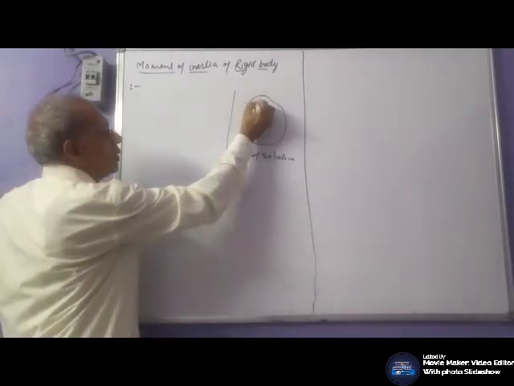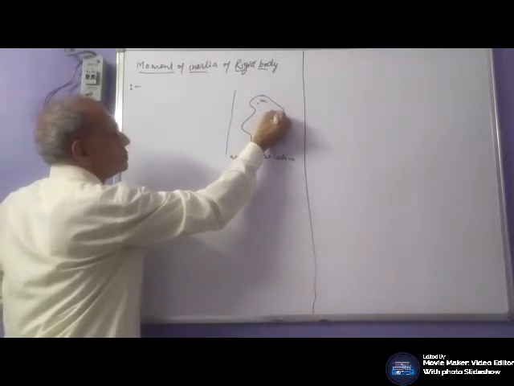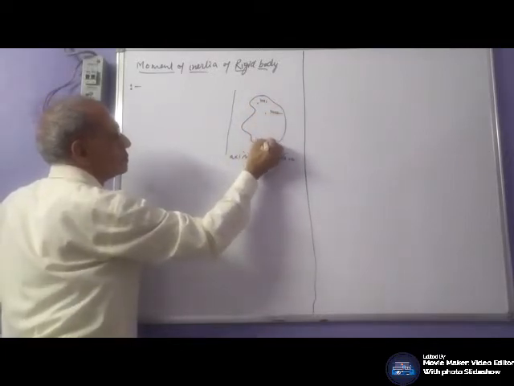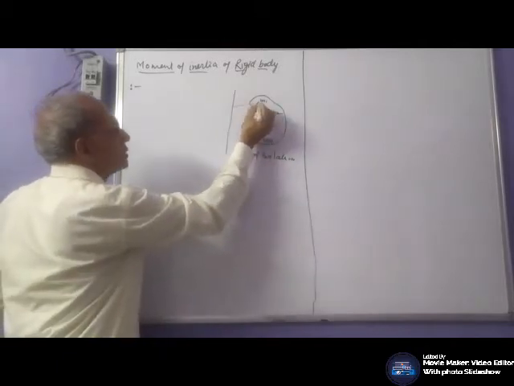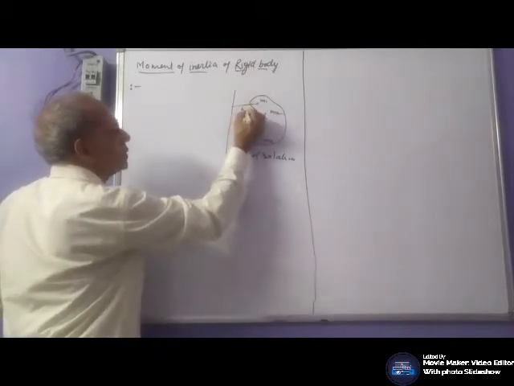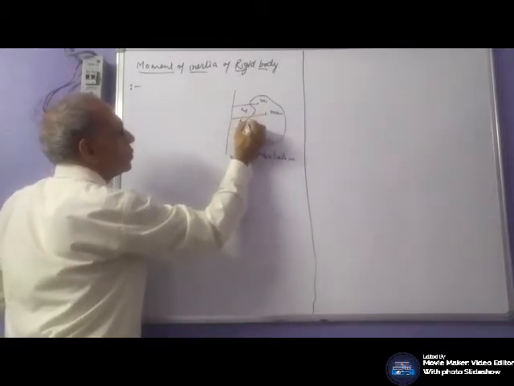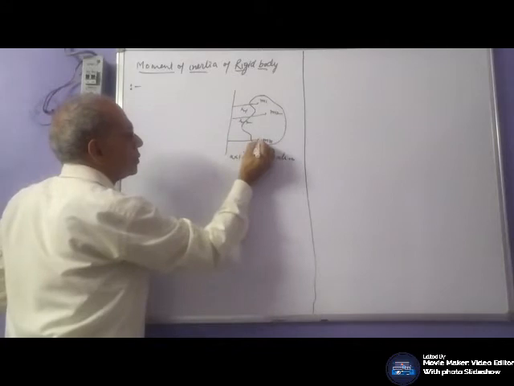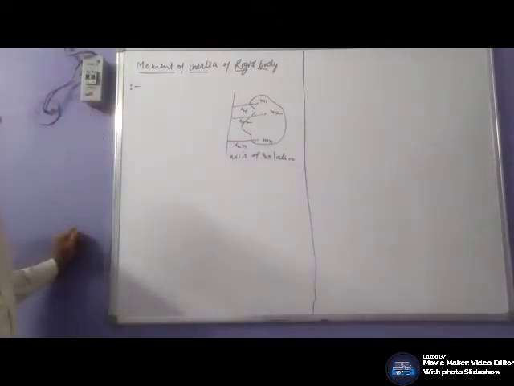It is made of a large number of point masses. This is the perpendicular distance of the point masses from the axis of rotation. Why have we taken these point masses?